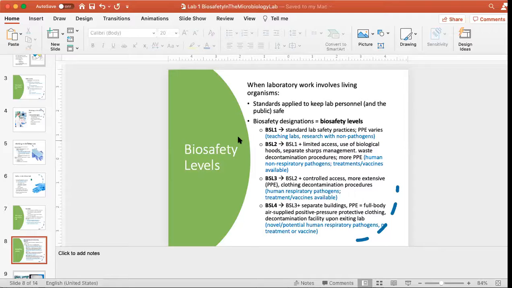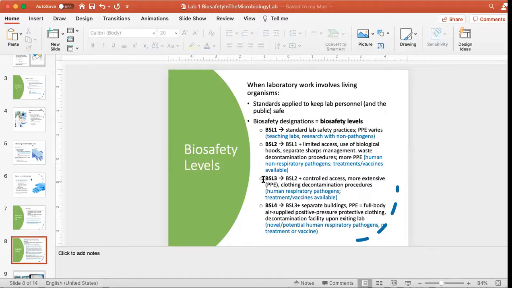So a BSL-2 lab might handle, for example, an organism like E. coli, which sometimes causes a gastrointestinal disease, or an organism like Staph aureus, which can sometimes cause skin disease. Non-respiratory pathogens that have a treatment available just in case, or perhaps a vaccine available just in case.